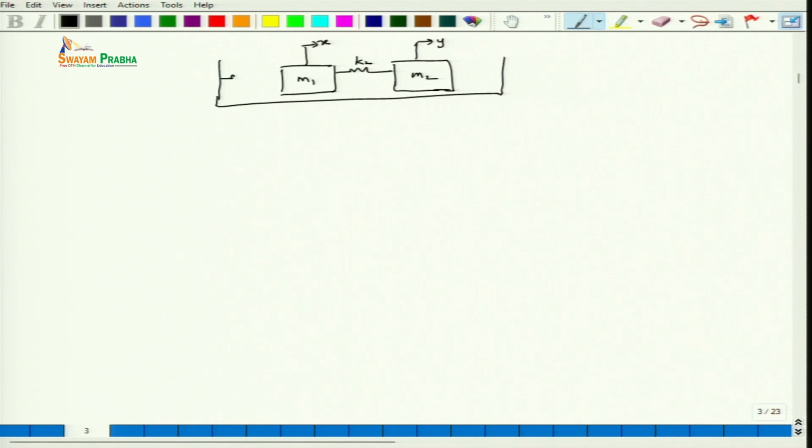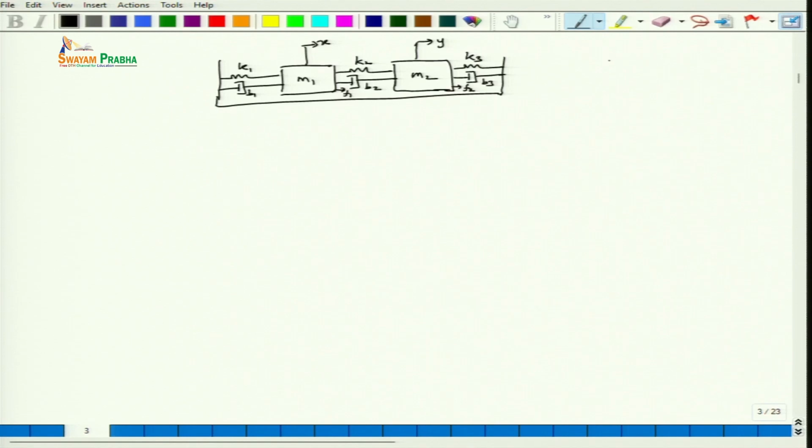This is K2, K1, K3. Similarly, dampers we have B1, B2, B3. And the forces which act on these masses are F1, F2.